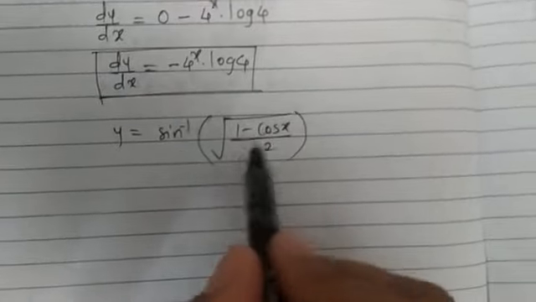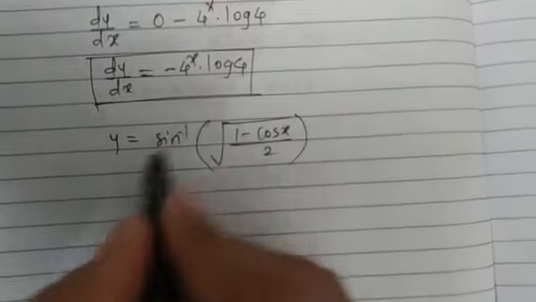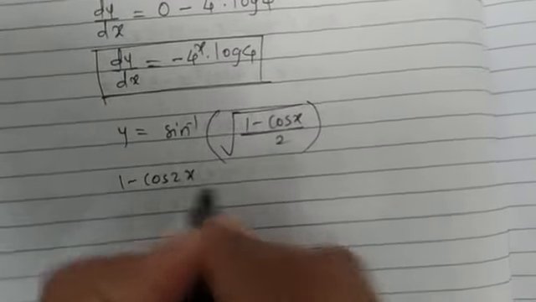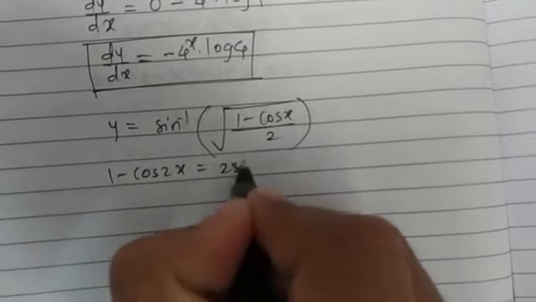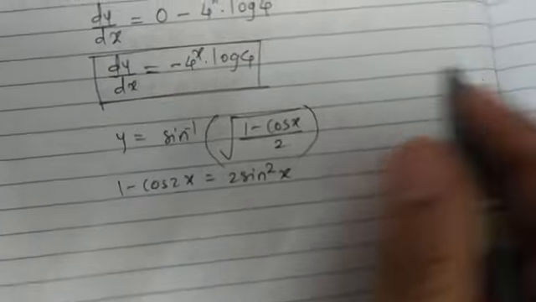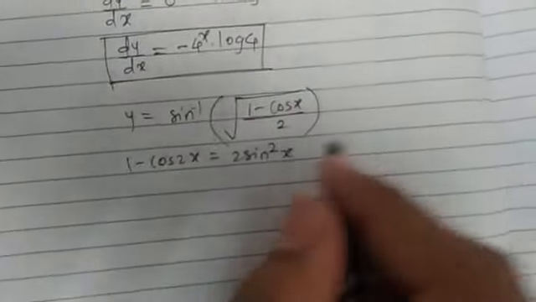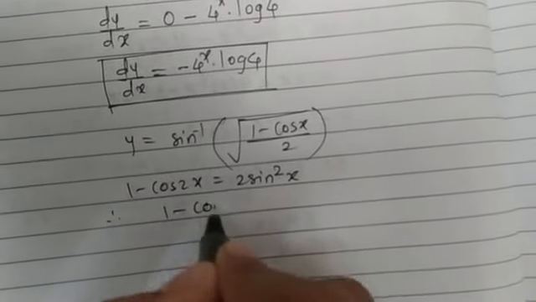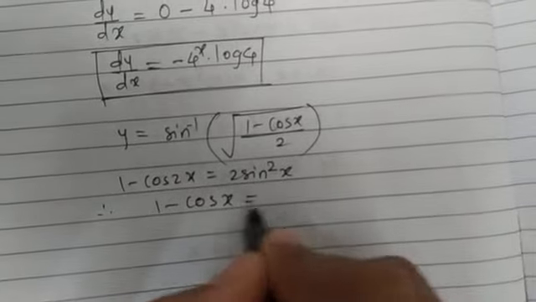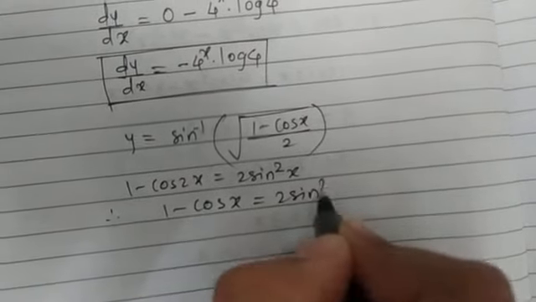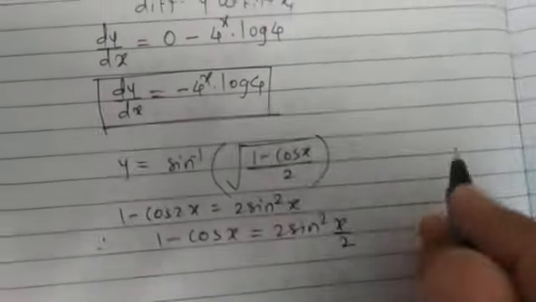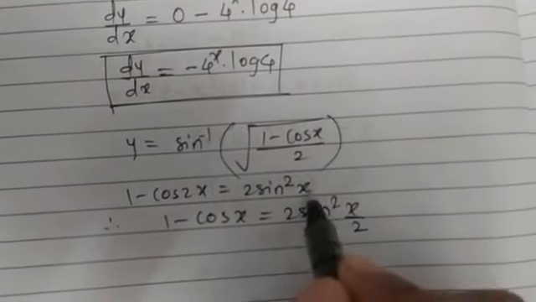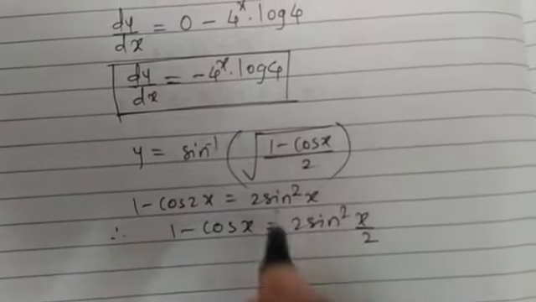Now to solve this example we have to apply a formula. Which formula? We know that 1 minus cos 2x is equal to 2 sin square x. So this is your double angle formula. So what is the half angle formula? From this, 1 minus cos x is equal to 2 sin square x by 2. I only replace x by x by 2.